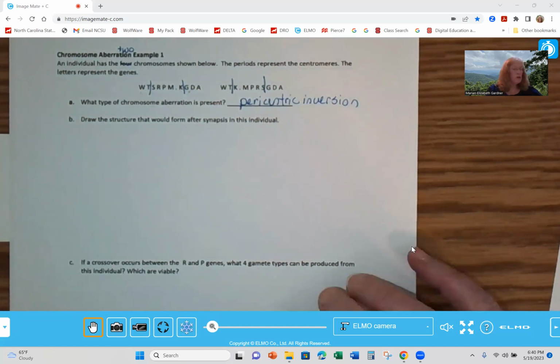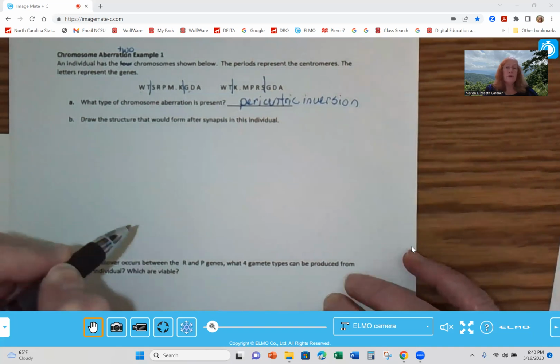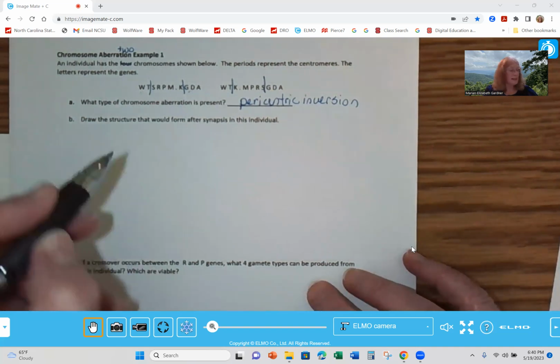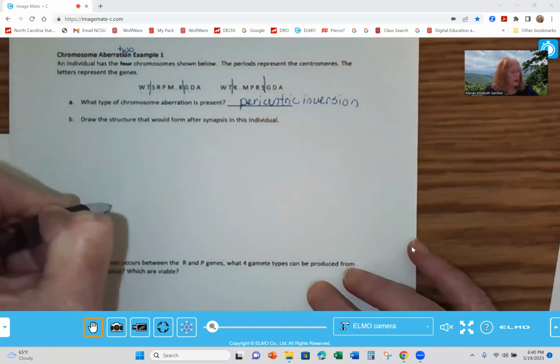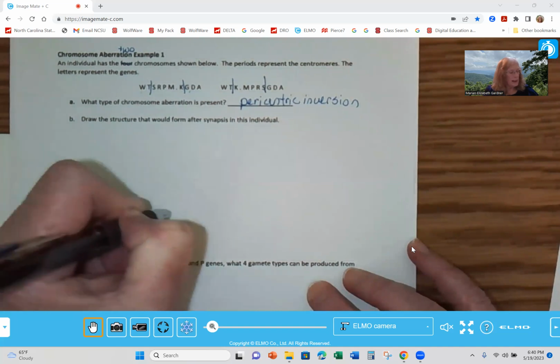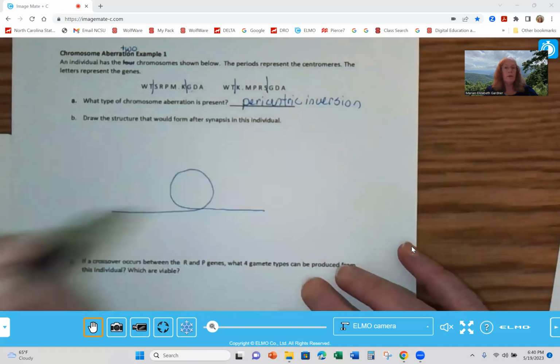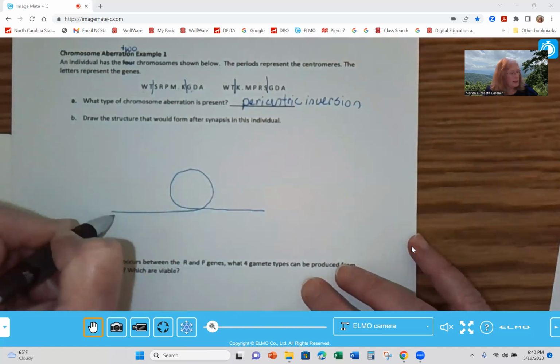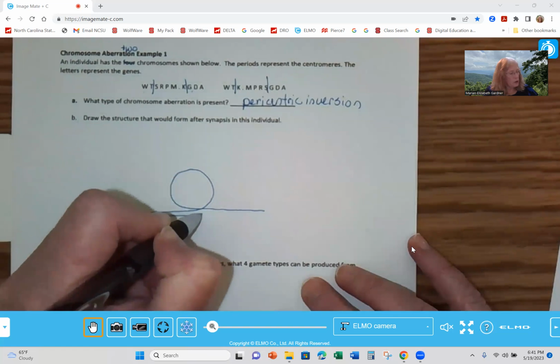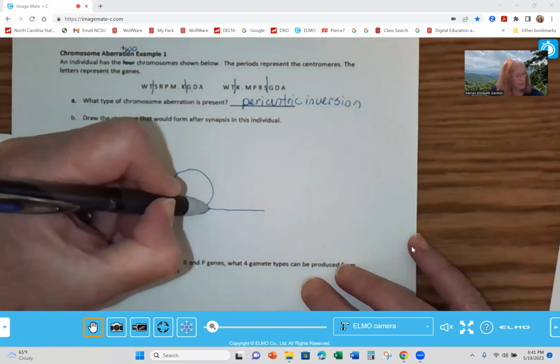The next part says, draw the structure that would form after synapsis in this individual. Okay, all inversions, both pericentric and paracentric, have the same general structure. I like to draw this part first. There's one chromatid of the chromosome, and synapsis occurs when there are two chromatids on every chromosome.